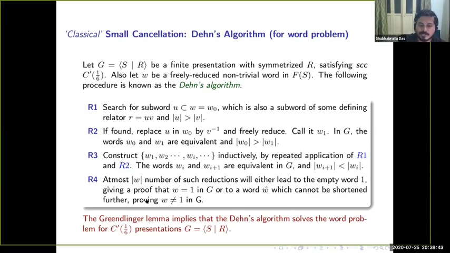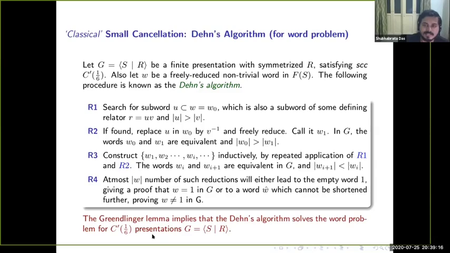So at most the length of W number of steps would lead us either to an empty word, which would tell us that W is a trivial word, or to a word W hat which cannot be shortened by this method any further. Then it means that it is not one in the group G, because this is the way you reduce in a group. So it cannot be further reduced in this presentation, and it is a non-trivial word.